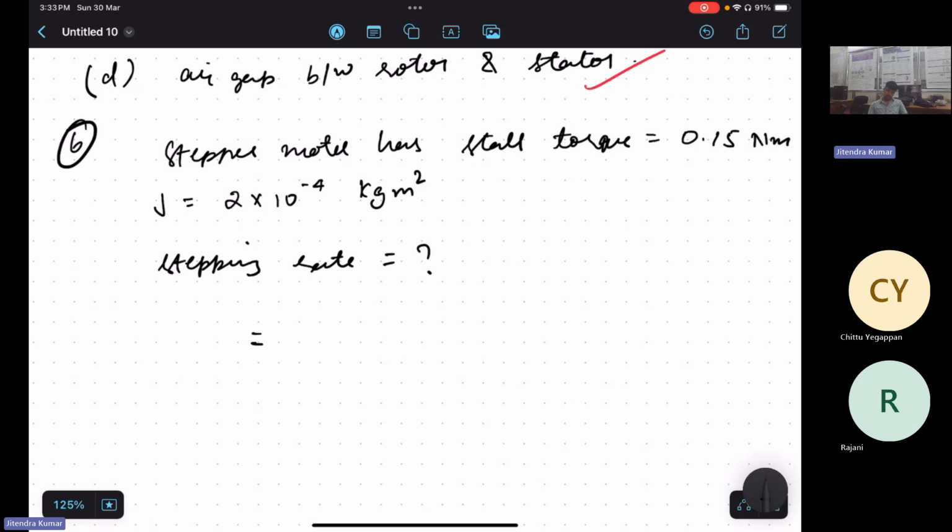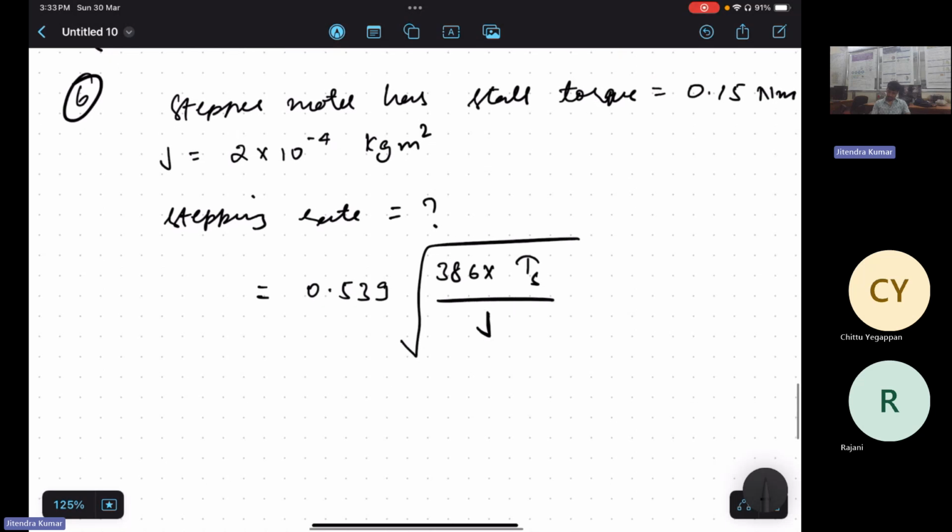That expression is derived as 0.539 into 386 into stalling torque divided by inertia. If you want to know how it is derived, go to the lecture and scroll there to see how it has been derived, or you could look at any other platform also.